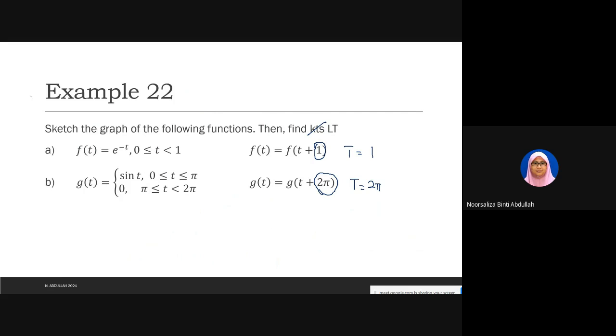GT equals to sin T untuk T antara kosong ke pi dan GT equals to 0 untuk pi hingga 2 pi.